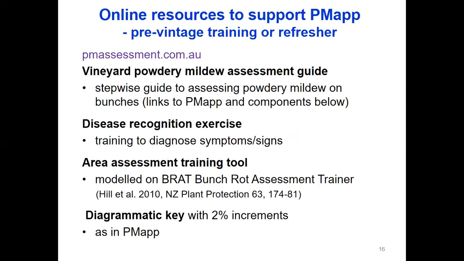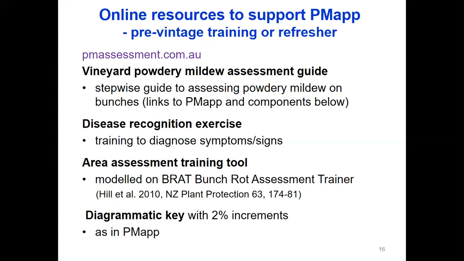So the research team put together a suite of online resources which we'd like to see used for pre-vintage training for new staff or as a refresher for existing staff so they can refresh their skills. And we're aware that many people would do that at the beginning of the season. So this is designed to be done on a computer in the office before someone goes out.